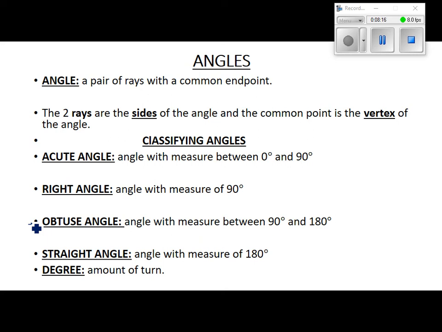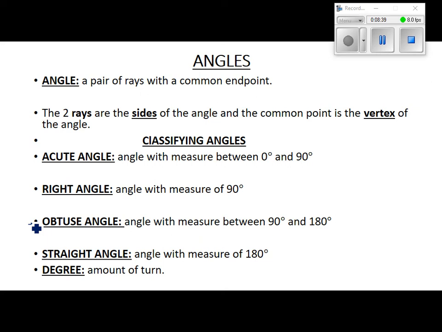Now the one thing I will say, usually I have you write in the definitions before I put them up there and explain to you where you're wrong. Because if I ask you the definition of an acute angle, what would you tell me? Smaller than 90 degrees. That's wrong.